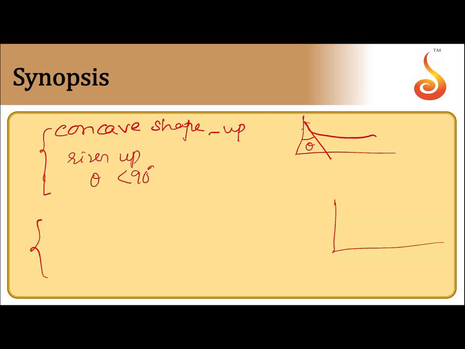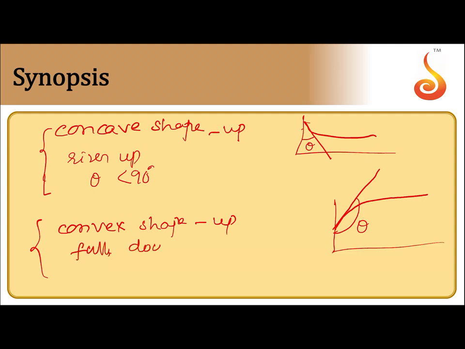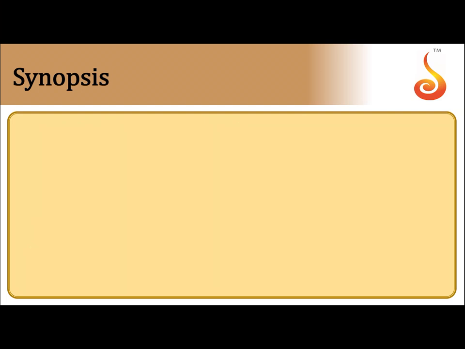Suppose you have this case. Then this is the tangent and this is your angle. So this time it is a convex shape up and the liquid falls down, or say there is a drop, and theta is greater than 90 degrees. The third case is when the meniscus is flat.